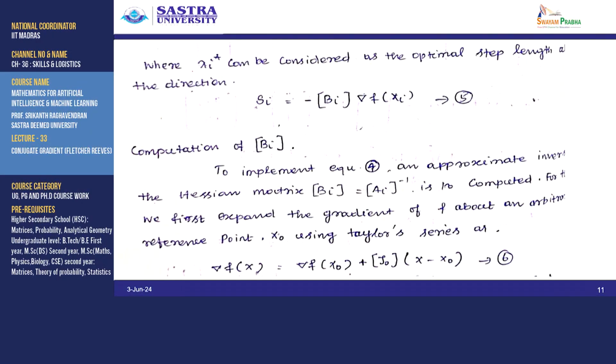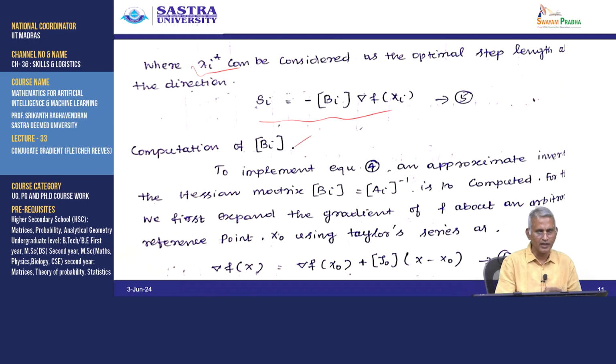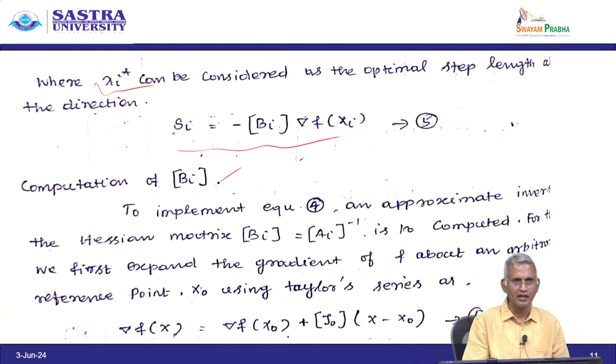Now, where lambda i star can be considered as the optimal step length, so the direction Si equal to minus Bi into del of f of xi. So, the computation of Bi is to implement the equation 4 and approximate the inverse.